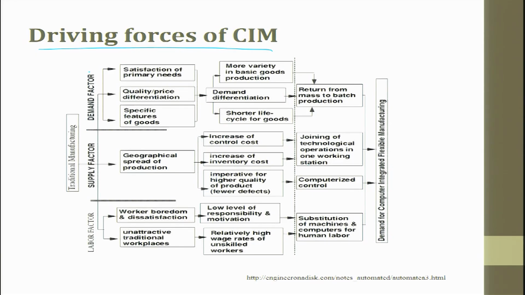In the same way, demand factors can go like satisfaction of primary needs, quality and price differentiation, and specific features of goods. This leads to more variety of basic goods, quality and price differentiator, demand differentiator, and shorter life cycle for goods. This helps you to go for a return from mass to batch production. So, all these things are the driving forces for SIMS.